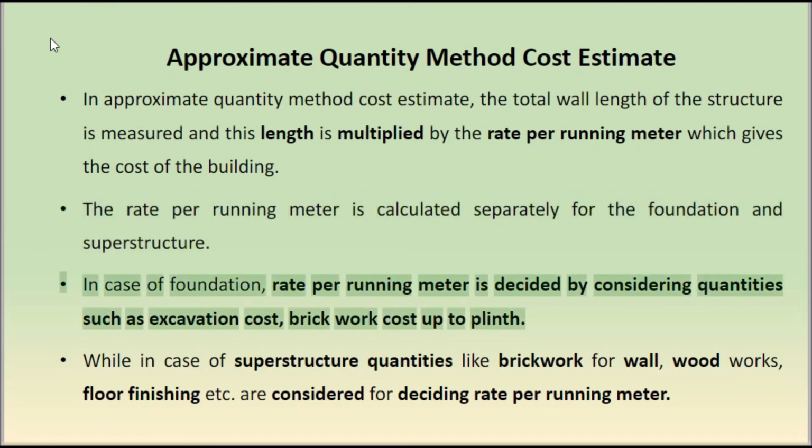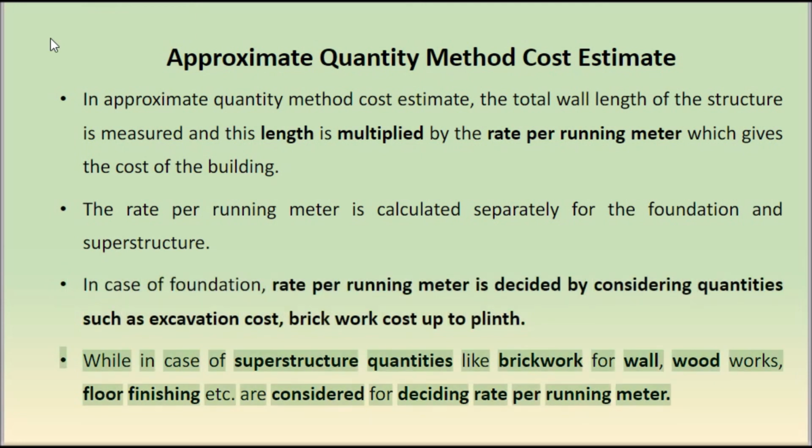In case of foundation, rate per running meter is decided by considering quantities such as excavation cost, brickwork cost up to plinth. While in case of superstructure, quantities like brickwork for wall, woodworks, floor finishing, etc. are considered for deciding rate per running meter.